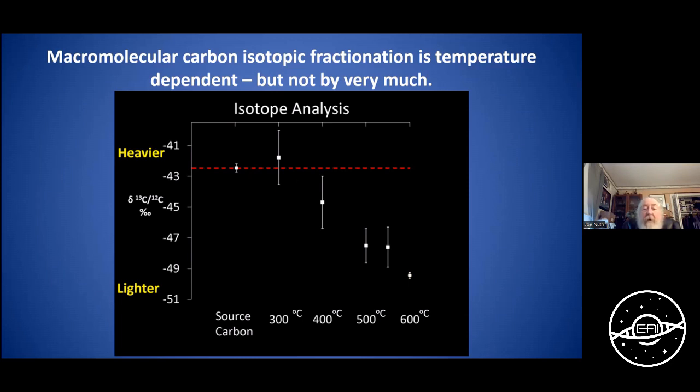So it's really going to be hard to tell from this, from the isotopes of carbon, what temperature, what conditions these things were made at. It just isn't a very large spread in isotopic composition compared to the temperature.